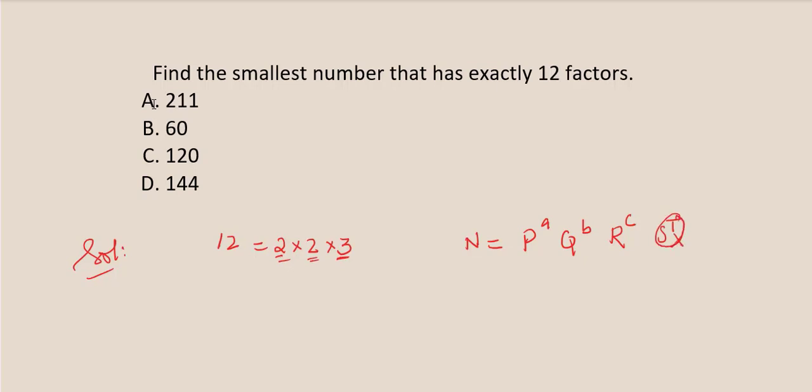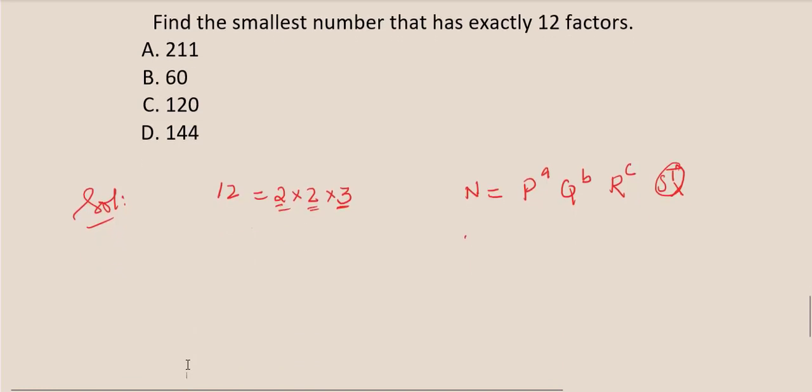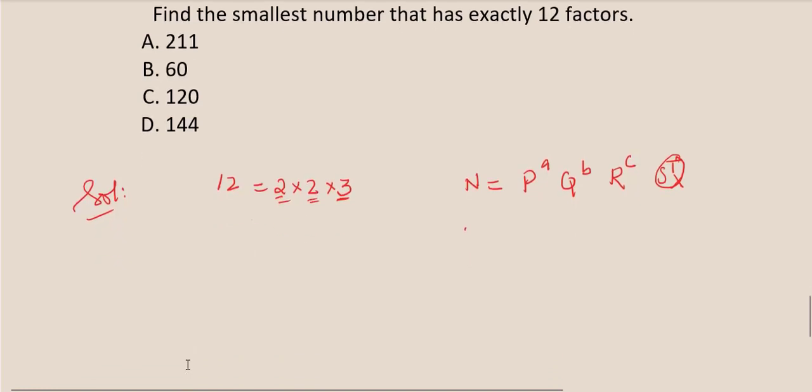So we start with 12, then factor of 12 in 2, then factor of 12 in 3. Okay, so we are considering only this much. So consider that a number n is equal to p to the power a, q to the power b, and r to the power c.